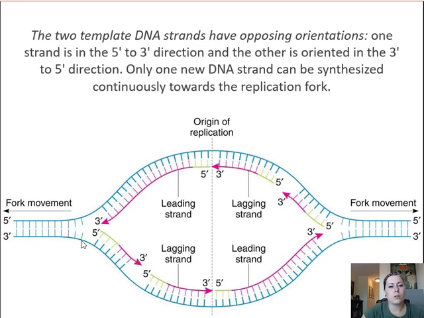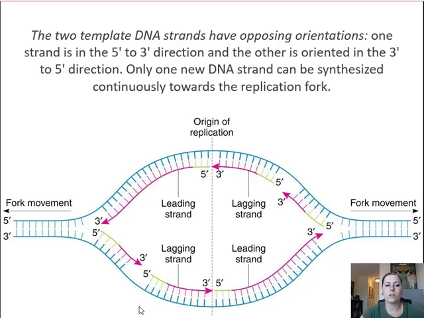So this is an overall view of a replication bubble. A replication bubble is a 2-strand template of DNA that have opposing orientations. One strand is running in the 5' to 3' direction, and the other strand is running in the 3' to 5' direction. But see, there's a little bit of an issue with the replication bubble.